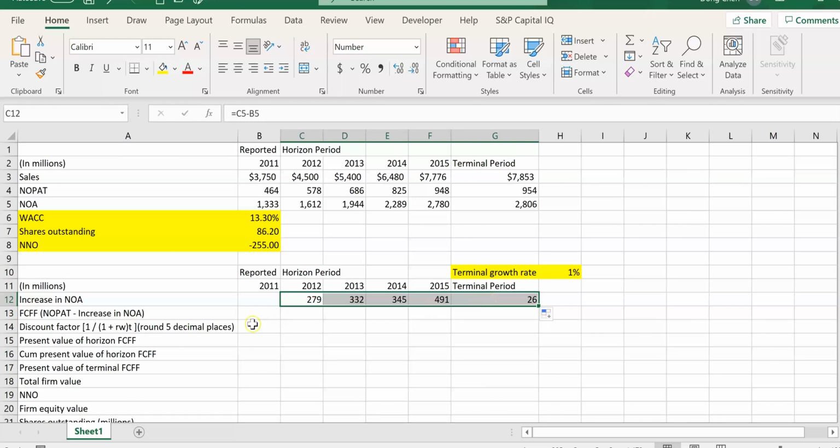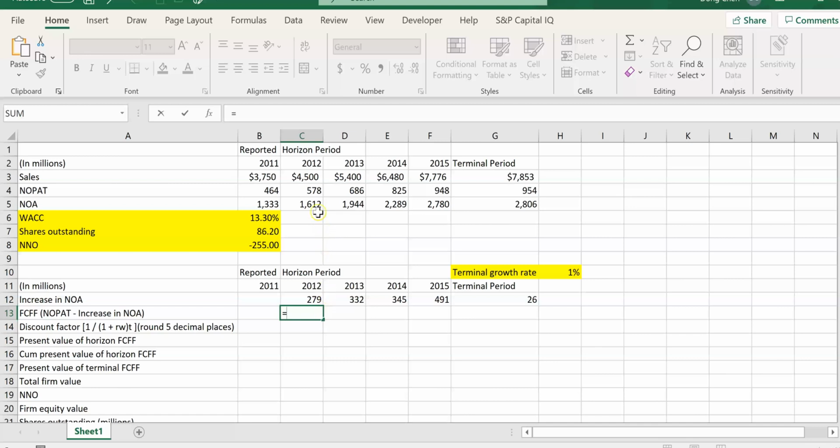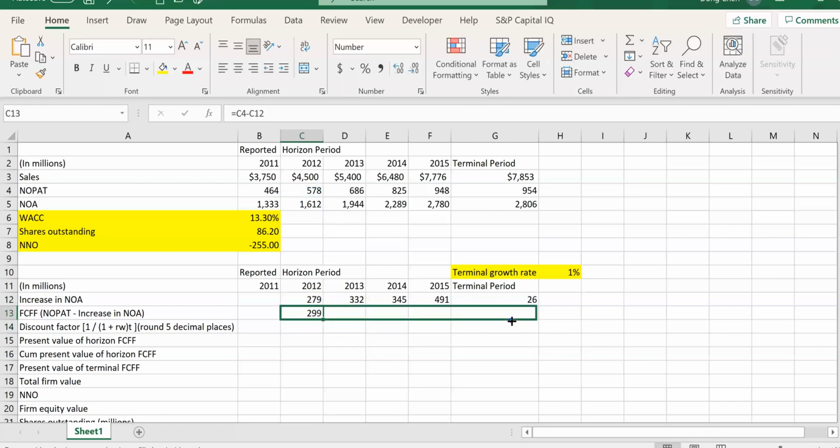So that gives us the increase in NOA for all these years. And then we can calculate free cash flow to the firm, FCFF, which is NOPAT minus the increase in NOA. So we just use the formula NOPAT minus the increase in NOA, and we also do that for all these years, including the terminal period.